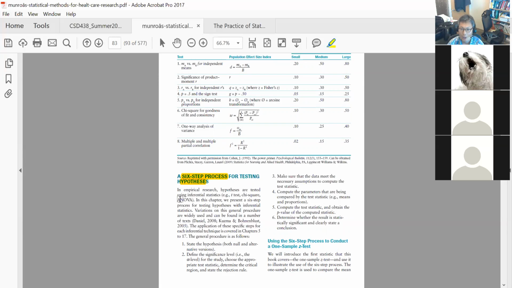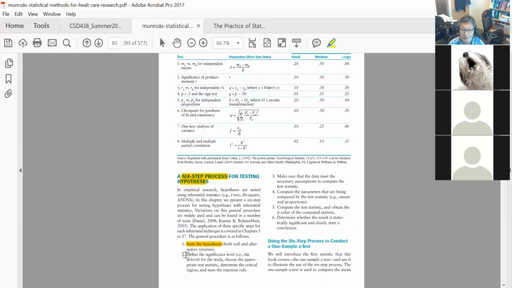But in common, first of all, we have to state the hypothesis, both null and alternative. The hypothesis comes from your research question, which I told you should be testable and quantifiable. Then we can make this hypothesis, right?